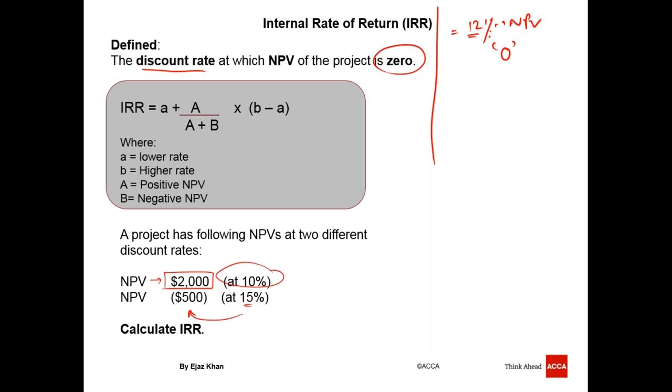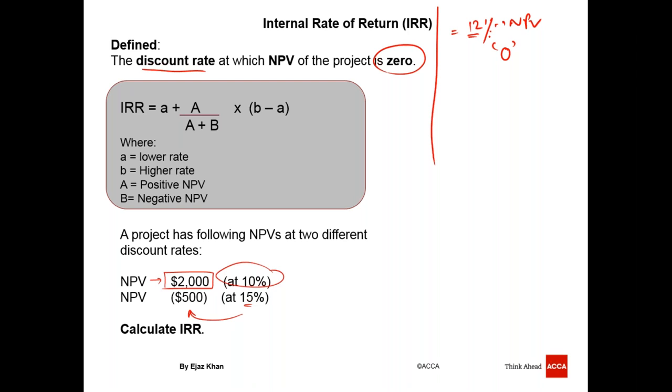As we know that this project has 0 NPV at 12%, which means at 12% cost of capital, this project will not save anything for the company. So the company should not accept this project if it needs a return more than 12%.